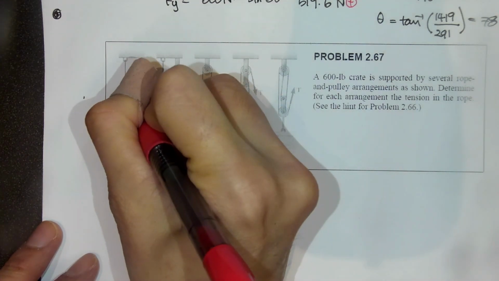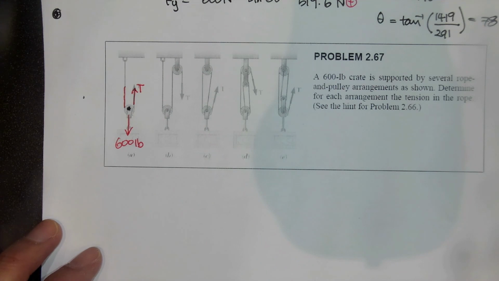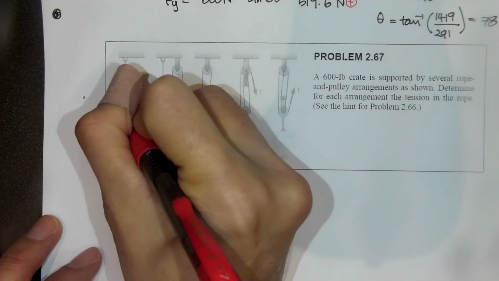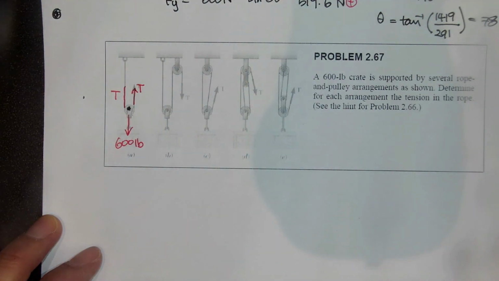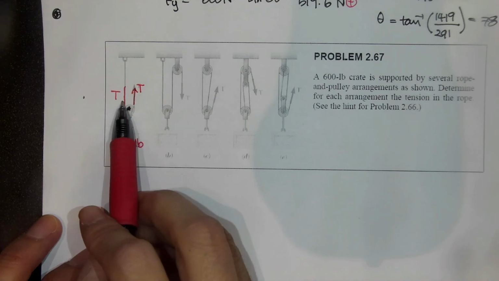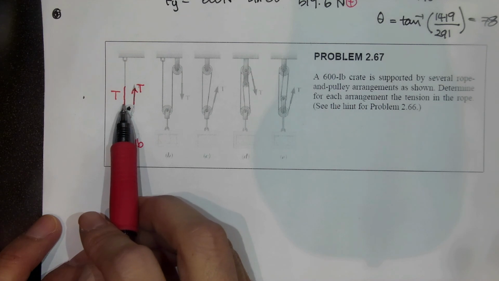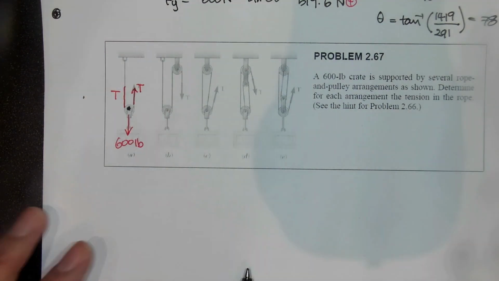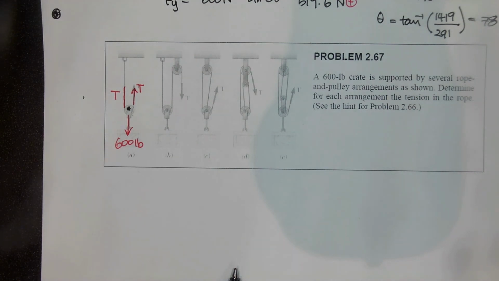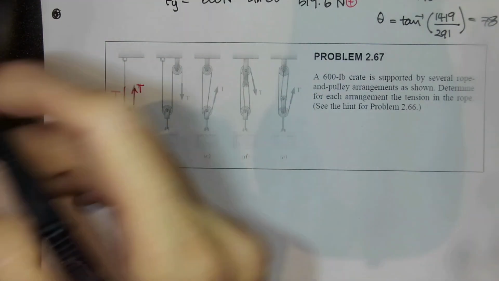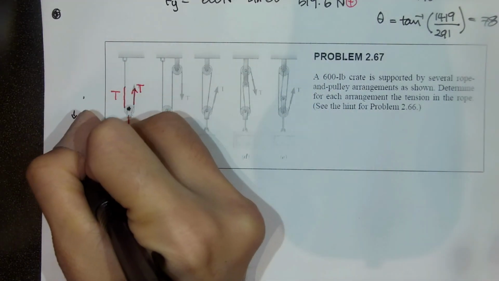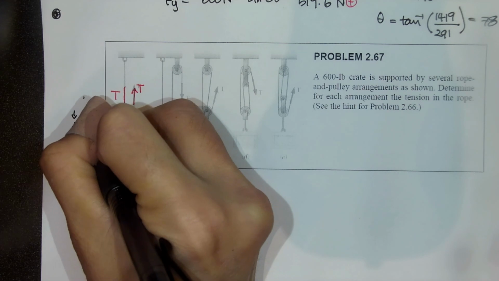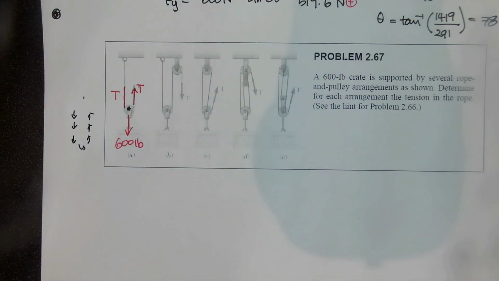And then important thing is there is a cable tension on this side as well, and the magnitude must be the same, T. But what about the direction of tension on this side? Is it upward or downward? You think downward, right? But downward force is when you think about the internal force flow in the cable.